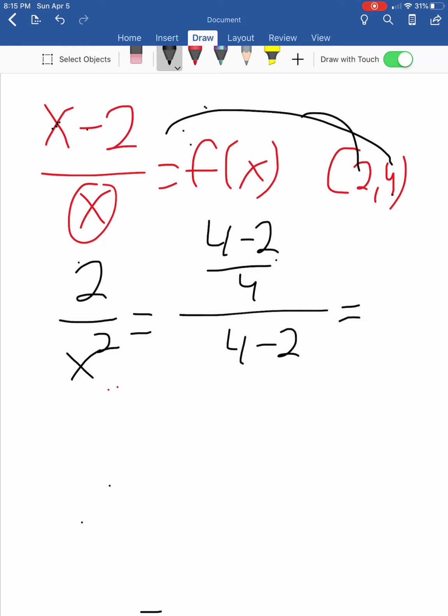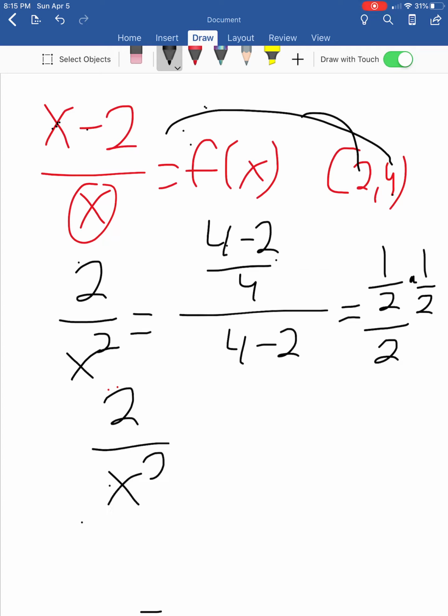Okay, so we have 4 minus 2, 2 over 4. We have 1/2 over 2. So dividing by that 2 would mean I'd have to multiply by the reciprocal. Let me just clean that up. Got ahead of myself. That's 1/4.